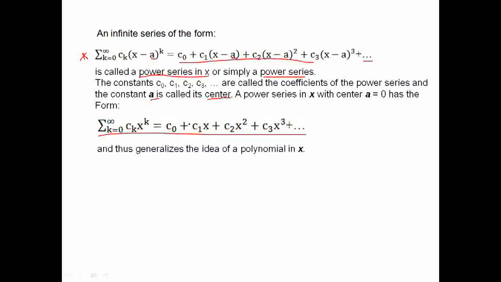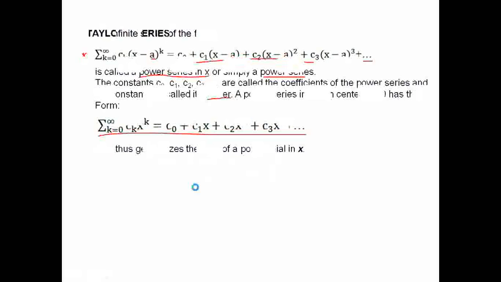In the first term, the power of x is 0, then the power of x is 1, then 2, just like that, to infinity. So this is the generalization of the idea of a polynomial in which x is the variable.